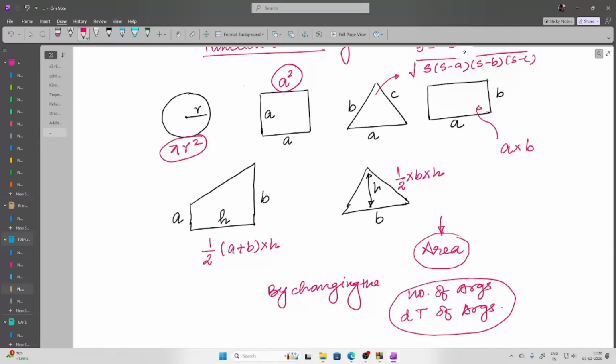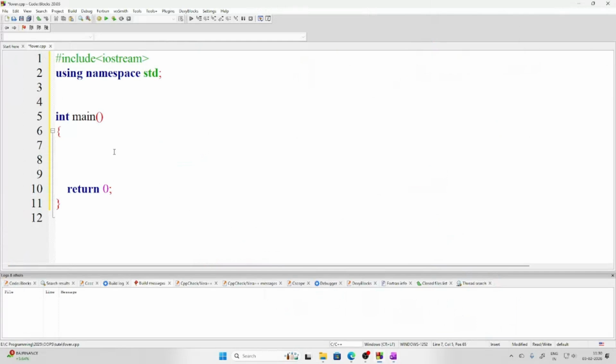So how do we do this task of writing functions for so many different shapes? Let us try to understand one by one how this can be done. My main goal is that I should have the function area, and if I pass this, let's say for a circle, only the radius I am passing, and it should be capable enough to give me the area.